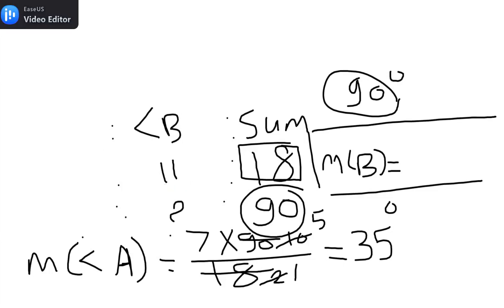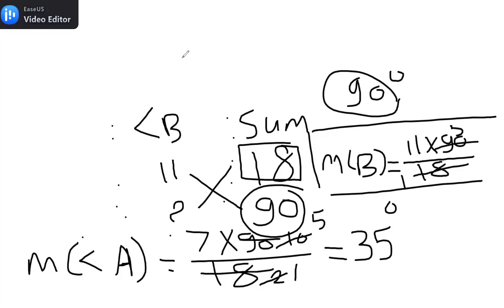So where is my cross now? It's here. So 11 times 90 over 18, and we can say that 90 divided by 18 is 5, exactly as what we did before. And 11 times 5 will be 55 degrees.